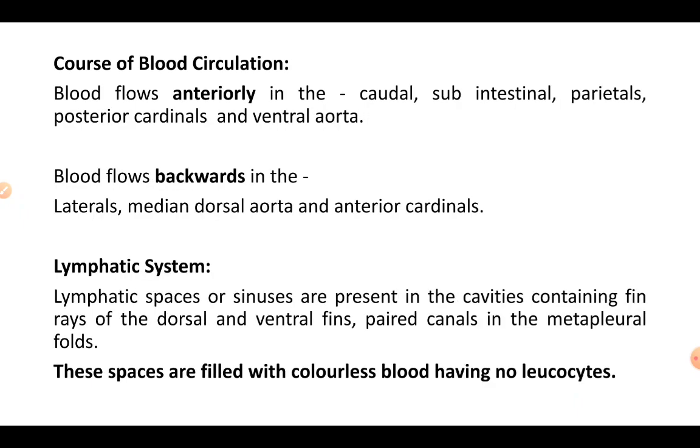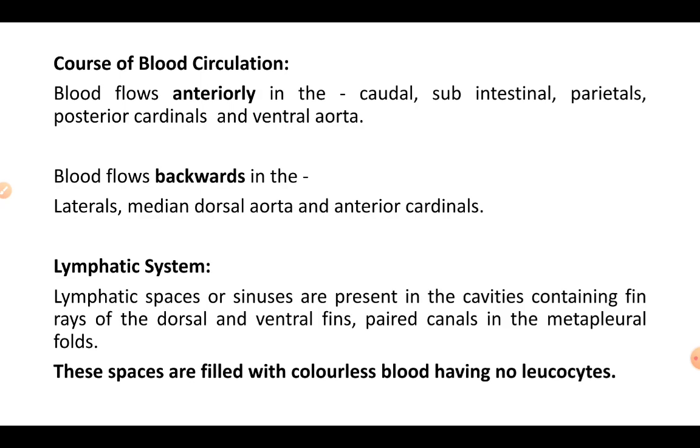And now let's summarize the course of blood circulation. Here the blood flows anteriorly in the caudal vein, the subintestinal, the parietals, the posterior cardinals and the ventral aorta.